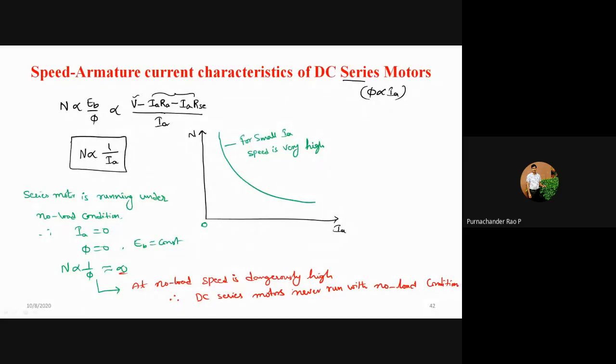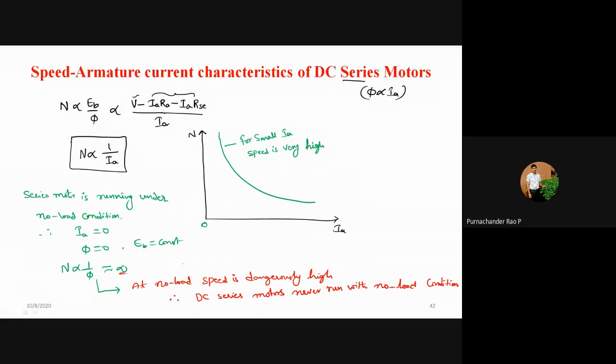A conclusion from this characteristic is that series motors should not be run under no load conditions. Therefore, it is always run with a certain amount of load, or full load must be applied on that DC motor. Then only your speed will be within controllable limits.